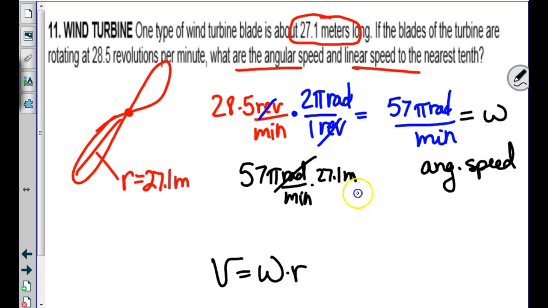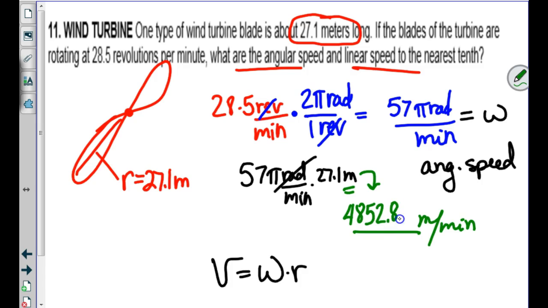Miraculously, the radians just go away, and we get meters per minute. 57 times 27.1 times pi is going to be a big number. $4,852 roughly.